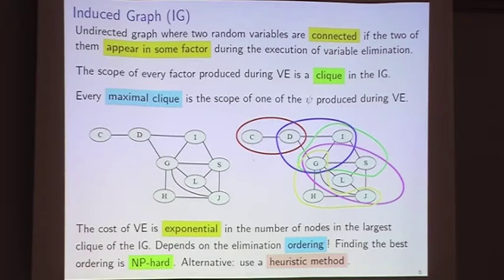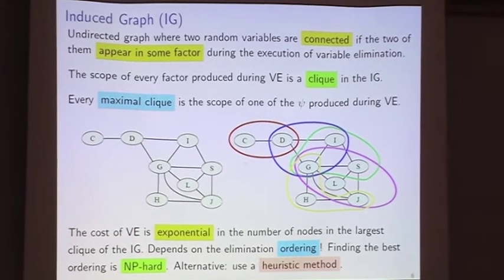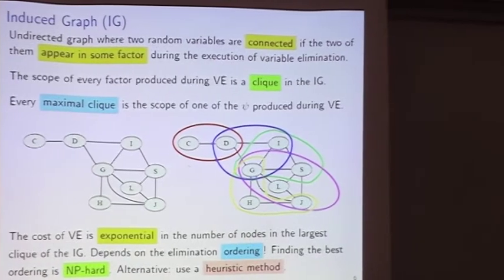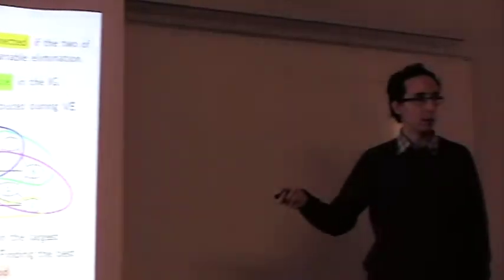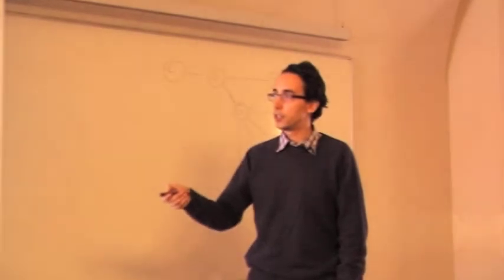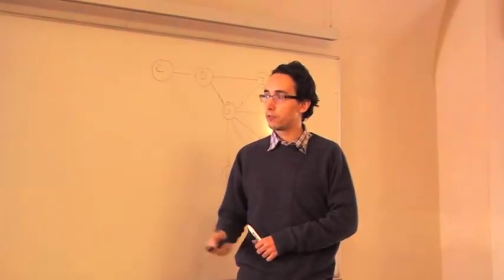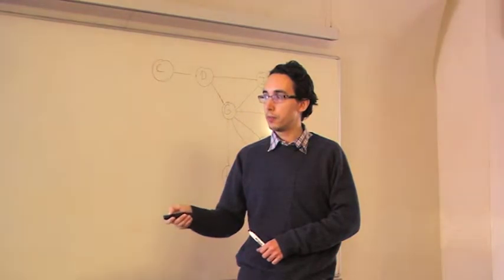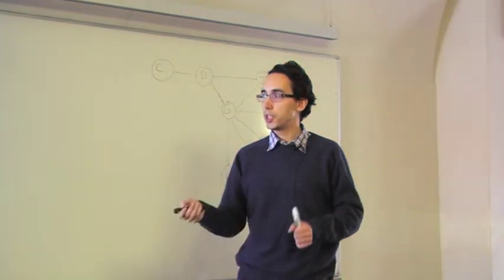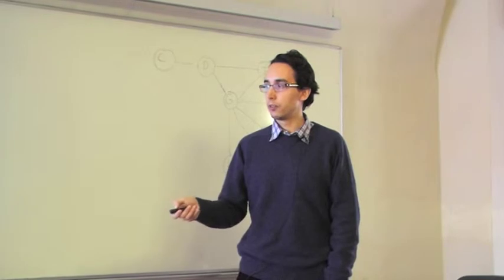So during the execution of variable elimination, we can construct this induced graph, and the largest factors produced in variable elimination will be maximal cliques in this induced graph. This means that the cost of running variable elimination is going to be exponential in the number of nodes in the largest clique of the induced graph.